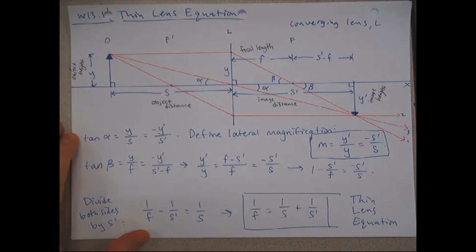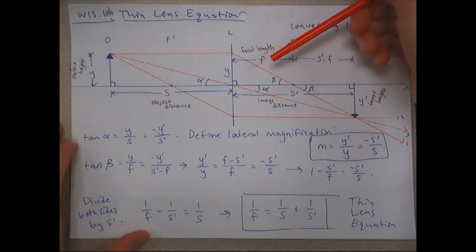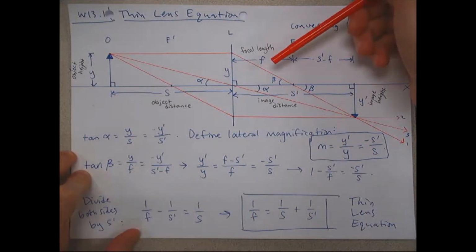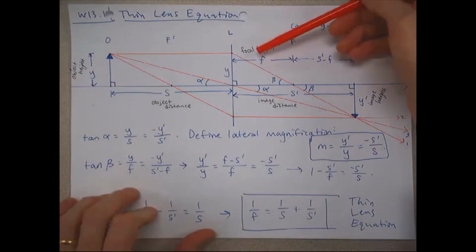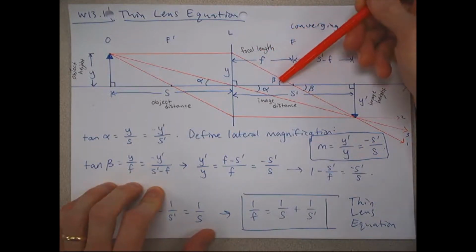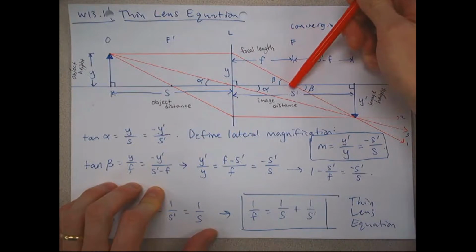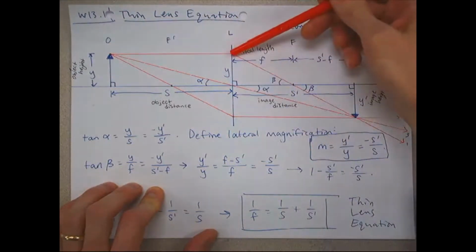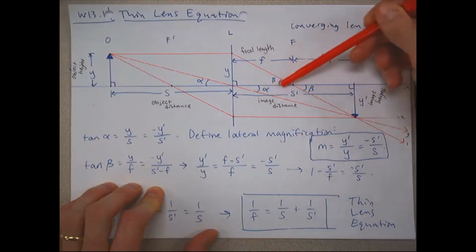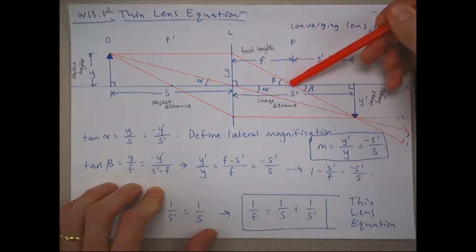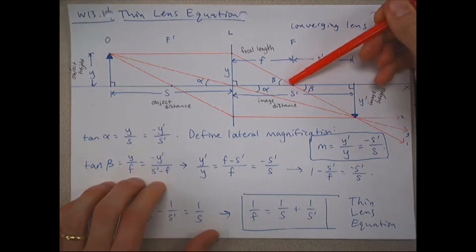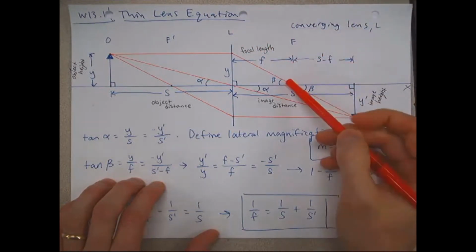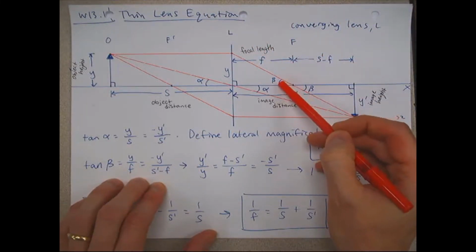We have to pick out some different triangles here to come up with our relationship with the focal length. You can see there's another triangle, a right triangle formed by the object height mapped over to the lens, the focal length here, f, and this hypotenuse, so I've labeled that as beta.